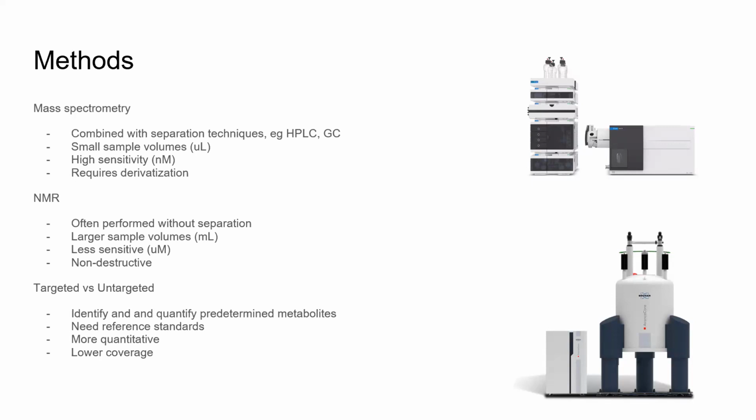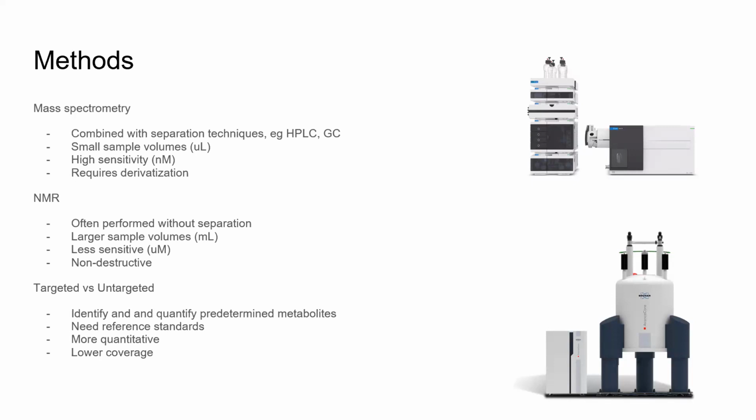NMR is the other technique that we use. Often these are performed on whole samples without any sort of separation or derivatization. NMR is usually considered non-destructive. On the other hand, compared to mass spectrometry, we need larger sample volumes, and it's less sensitive.